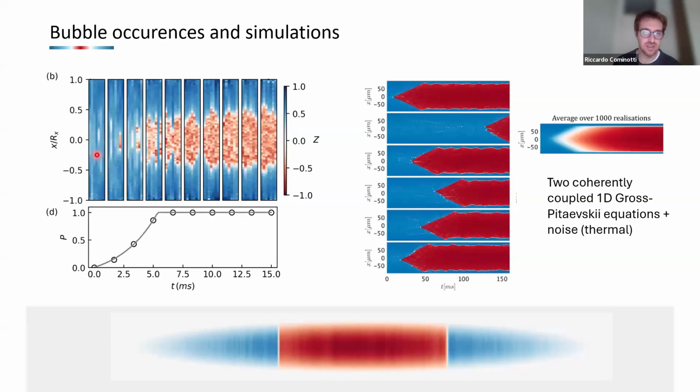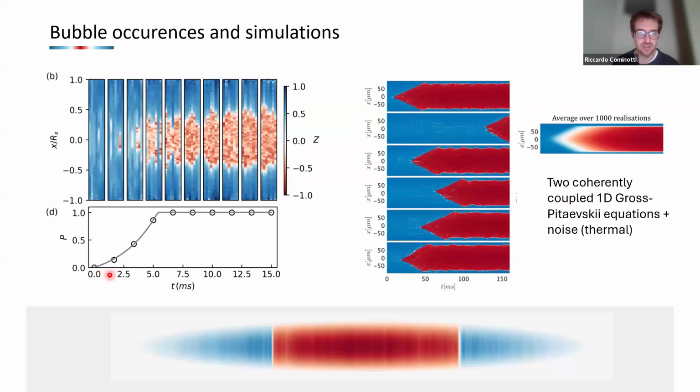So what we did to obtain an observable was to quantify the statistical probability of seeing one bubble, and we quantify it just by counting the bubbles at each time.